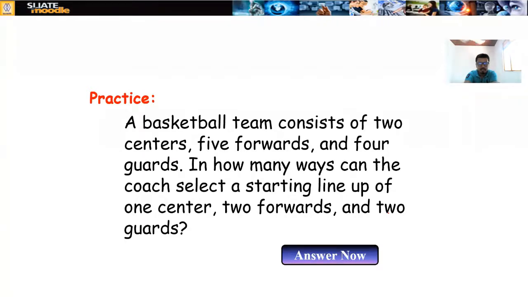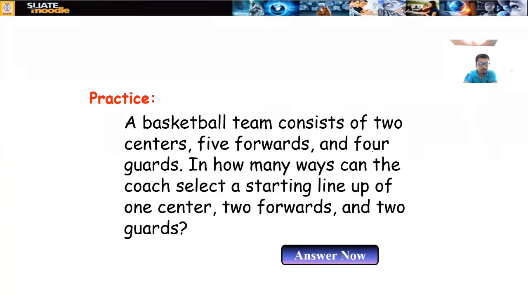A basketball team consists of 2 centers, 5 forwards, and 4 guards. In how many ways can the coach select a starting lineup of 1 center, 2 forwards, and 2 guards? Please find the answer and tell me what it should be.